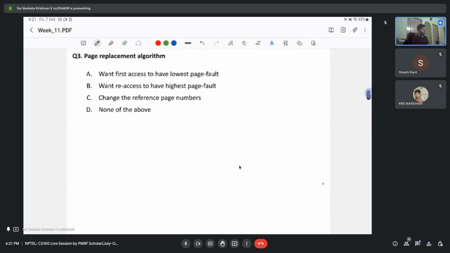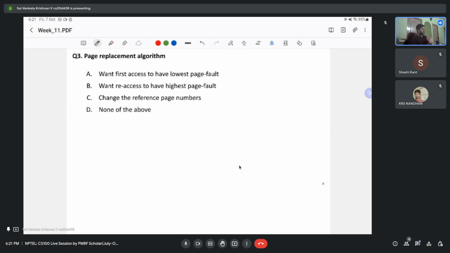So page replacement algorithm, what does it want to achieve? This is in the context of the main memory. Say your memory is full and you want to access a new page, so you have to evict some page and get that required page into your memory. So what's the aim of the page replacement algorithm?